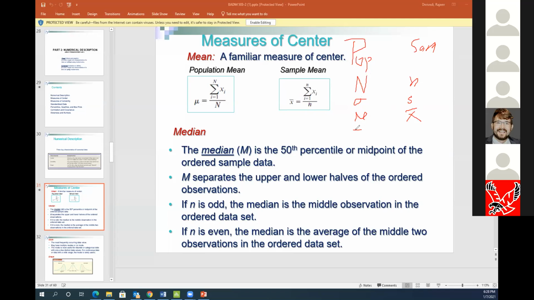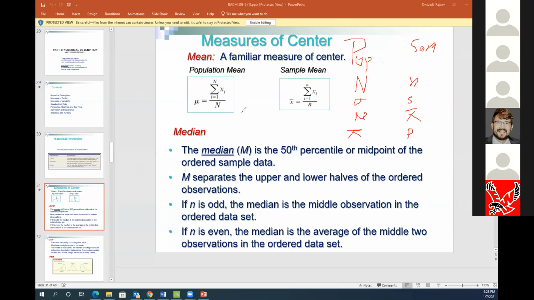Pi is proportion of population, p is proportion of sample. So these are the notations we must always keep in mind, because sometimes you get these numbers and you should understand this.